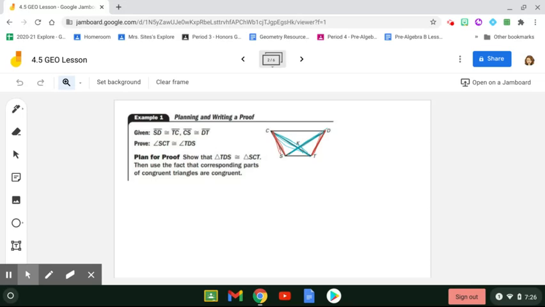In order for us to do that, why don't we pull out the two triangles that we're talking about? So triangle TDS, I'm going to look at that one, and I want you to write it as well. Then the other one would be triangle SCT.